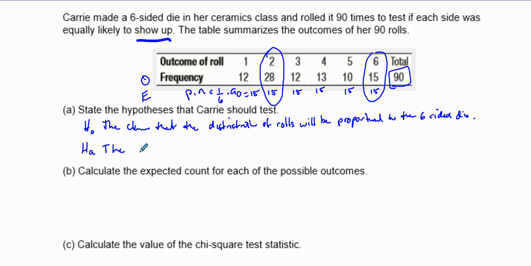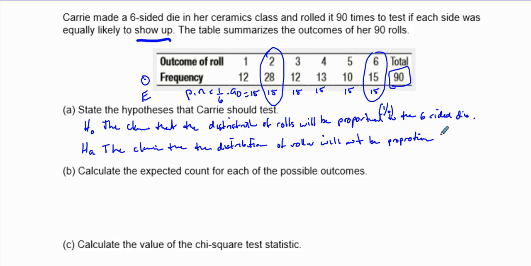The alternative hypothesis would be that the claim that the distribution of rolls, proportional to, maybe I should put that 1/6 to the 6-sided die, will not be proportional to 1/6. So that's what we know right there. For right here, we're just making our claim.